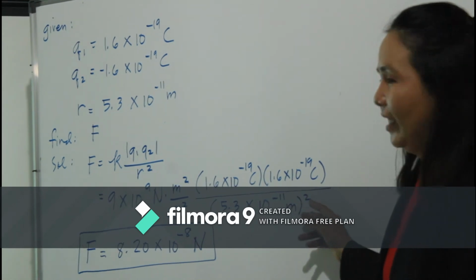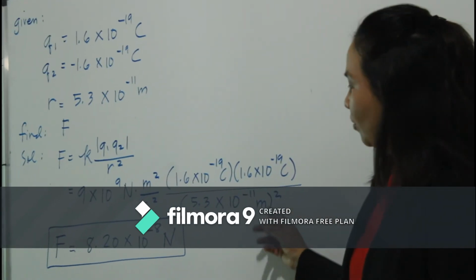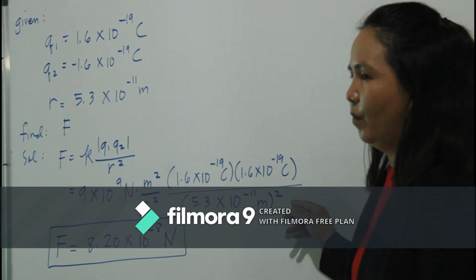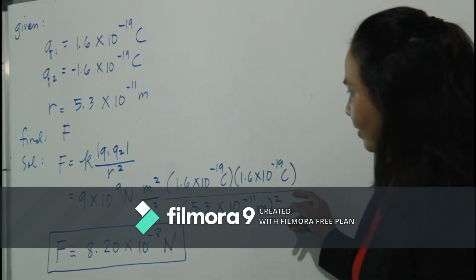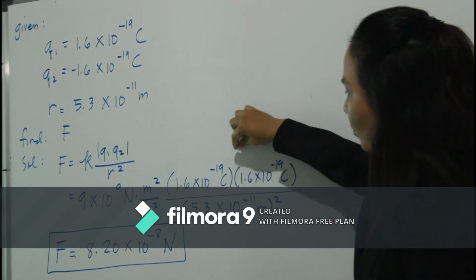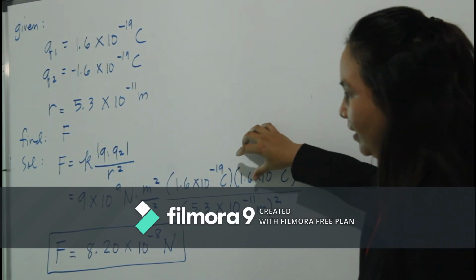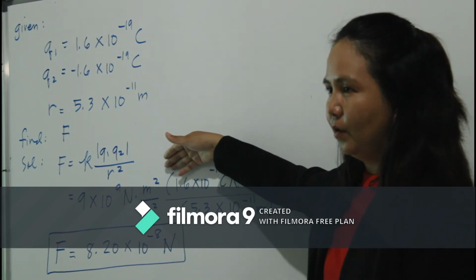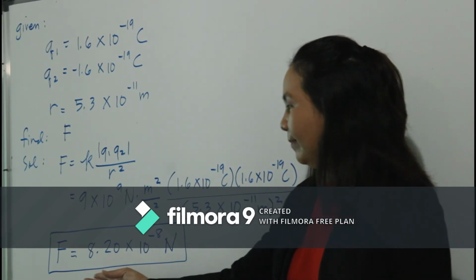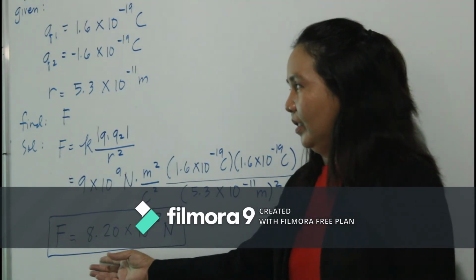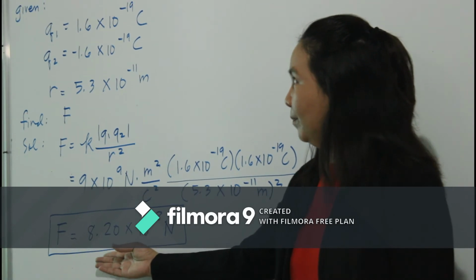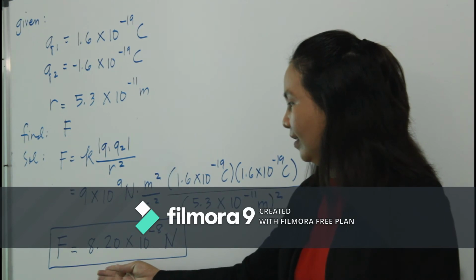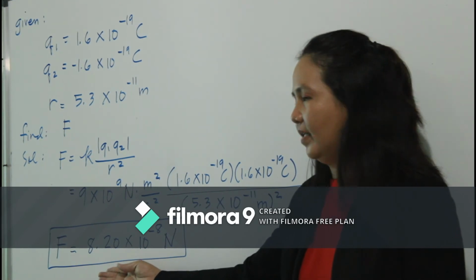Now, in your computation, do not forget to square the distance of separation between the 2 point charges. So if we multiply the charges, divide by the squared distance, and multiply by the k, were you able to come up with this magnitude? So the electrostatic force of attraction between the proton and the electron is equivalent to 8.20 times 10 raised to negative 8 Newton.